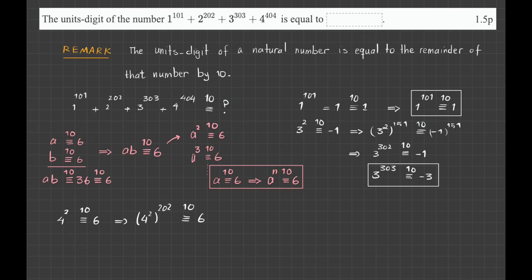Now, because this modulus is 10 and the right-hand side is 6, I give the role of a to 4 to the power 2, and I give the role of n to 202. So this means immediately that 4 to the power of 404 is congruent to 6 modulo 10. That's it.